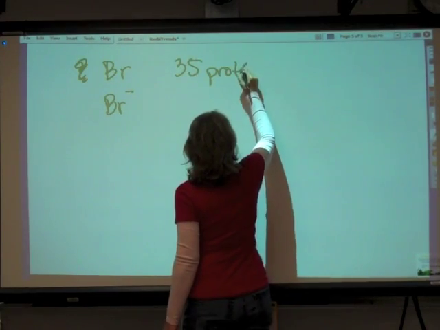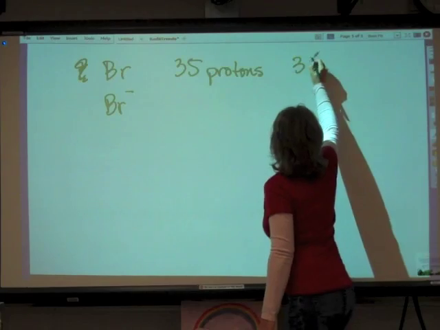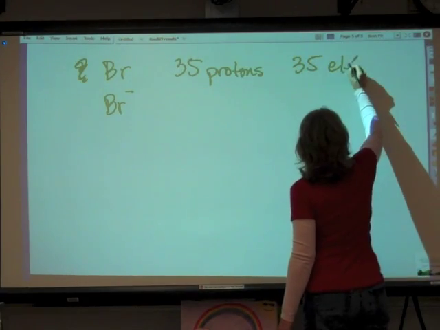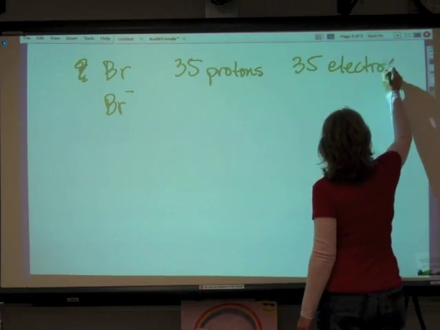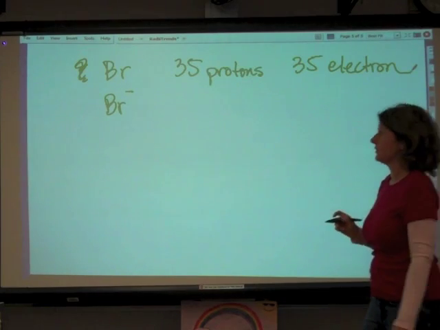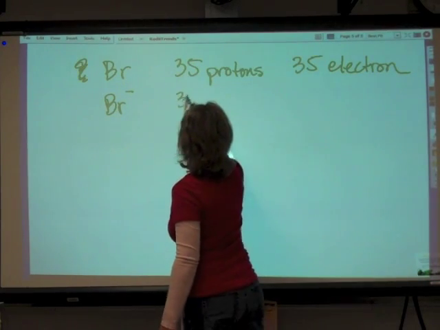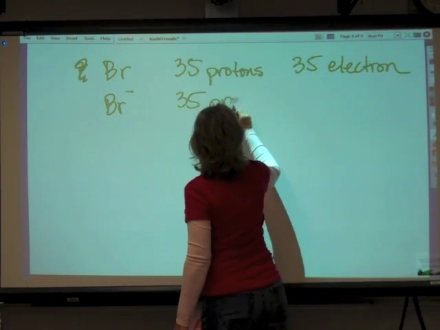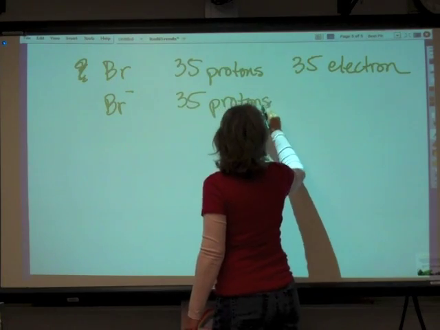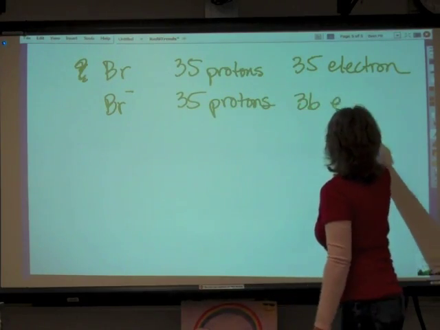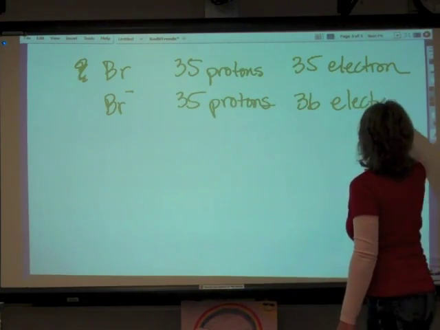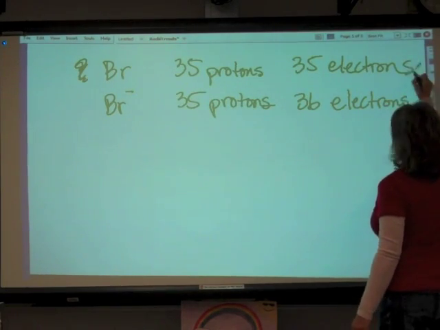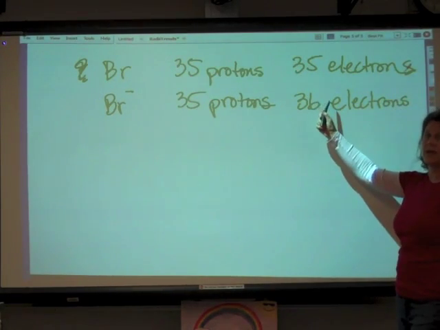Protons, 35 electrons. The anion, 35 protons, 36 electrons. Okay, this is going to have a larger radius.